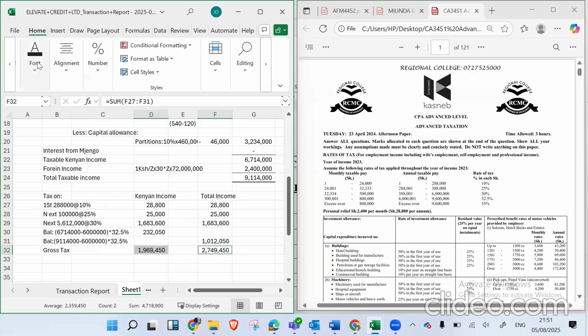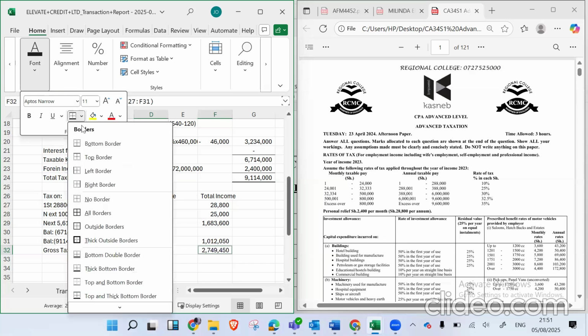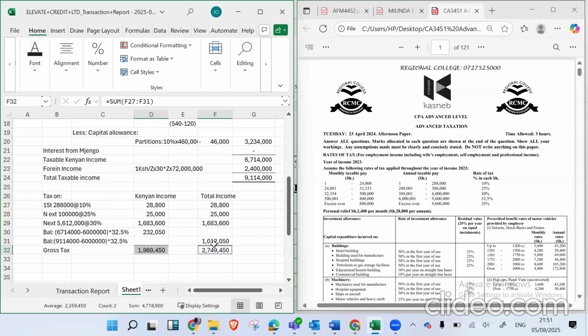Hiyo balance ya line 31, 9 million minus 6 million. 9114, right? So that is the total income. Kumbuka hapa ndani kuna Kenyan income na foreign income. So you take the total.